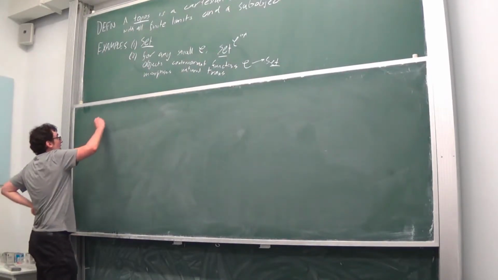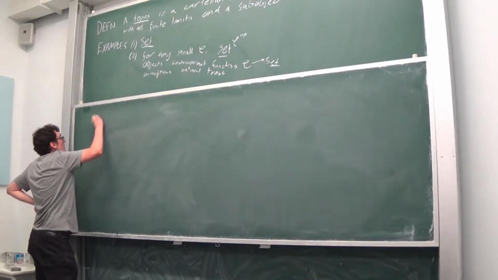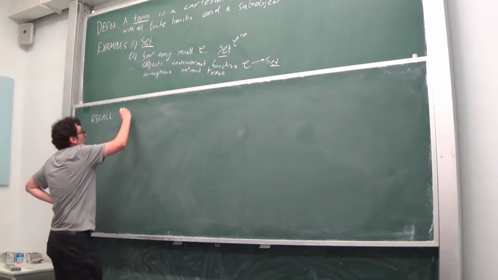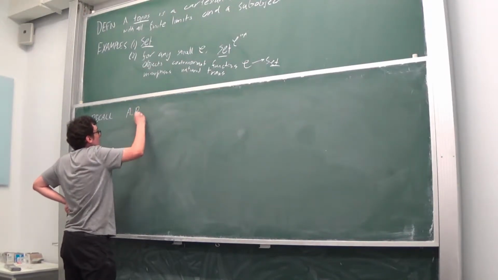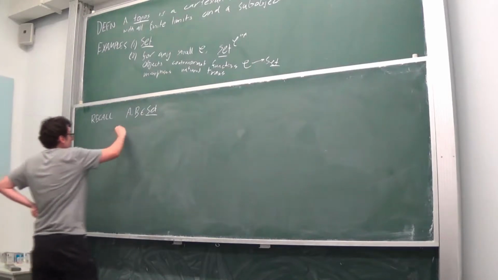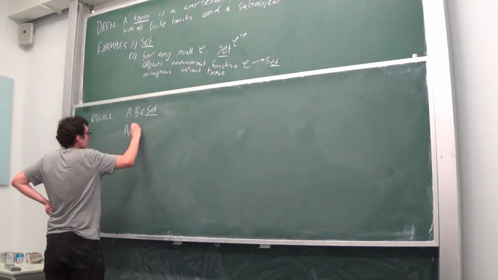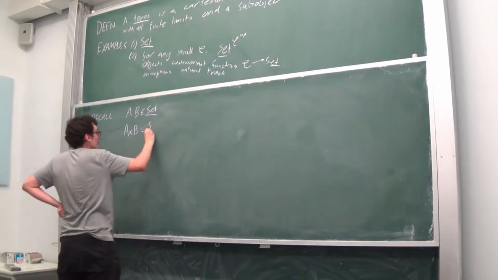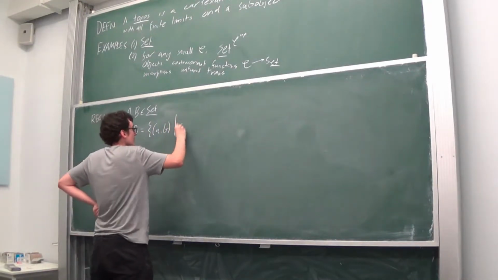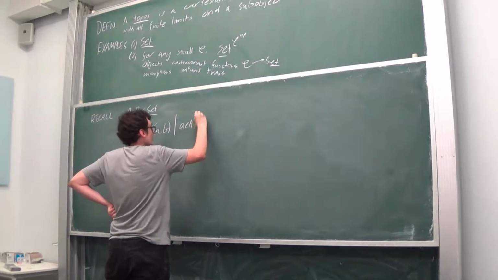So recall the definition where A and B are sets. Then their product is defined as the set of ordered pairs (a, b) such that a is an element of A and b is an element of B.